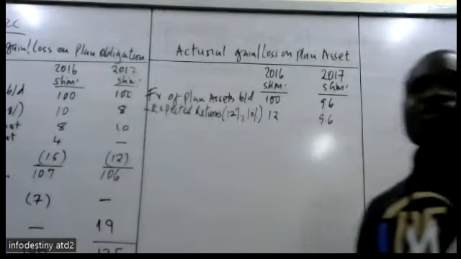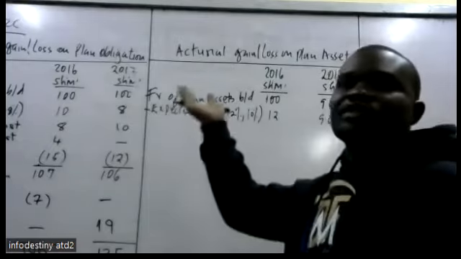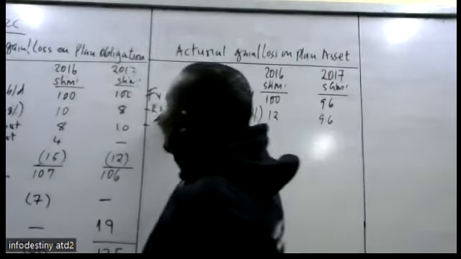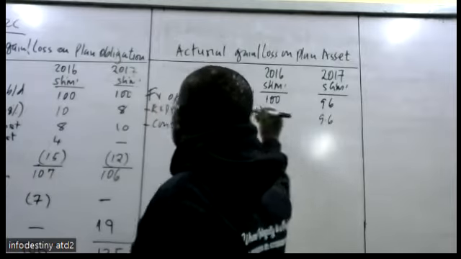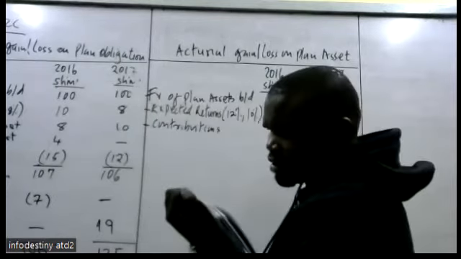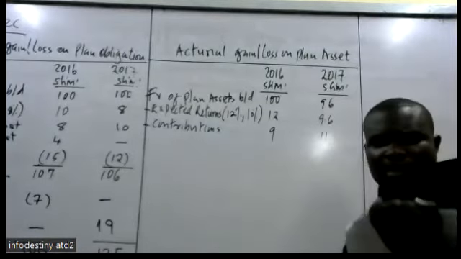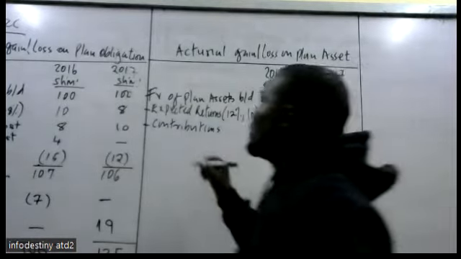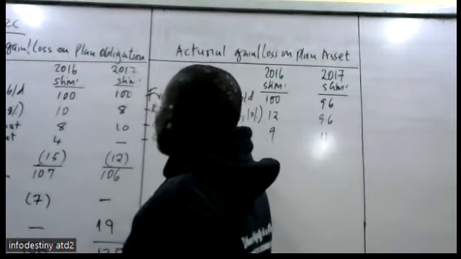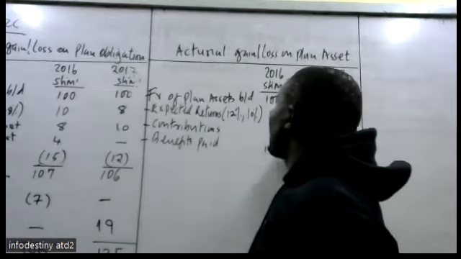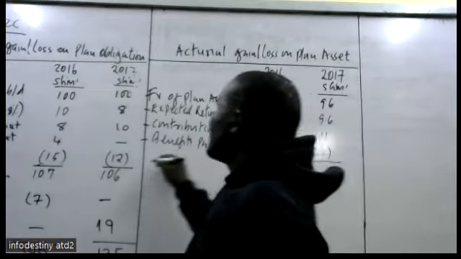Then contributions you make in the scheme increase your investment. So contributions you add. How much? 9 and 11. Benefits will reduce. So benefits paid 15 and 12. Question. Actuarial assumption.